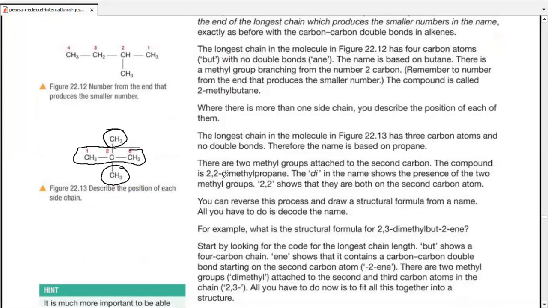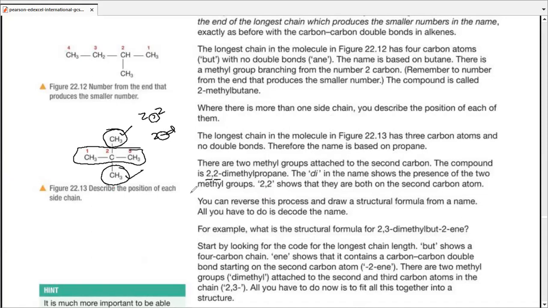Now, some new rules. If you have two branches, not just one, you're supposed to represent them with two numbers. Remember, the numbers are separated by commas, whereas numbers and letters are separated by hyphens. These are the rules of organic chemistry naming. Now, as there are two methyl groups, this one is also a methyl, this one is also a methyl.